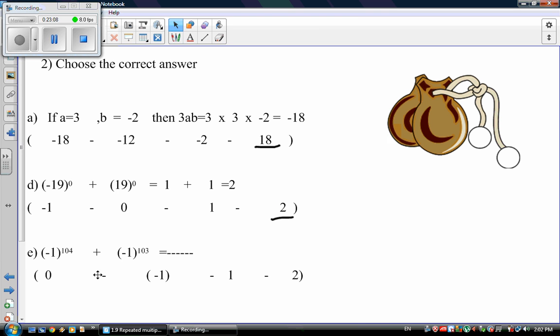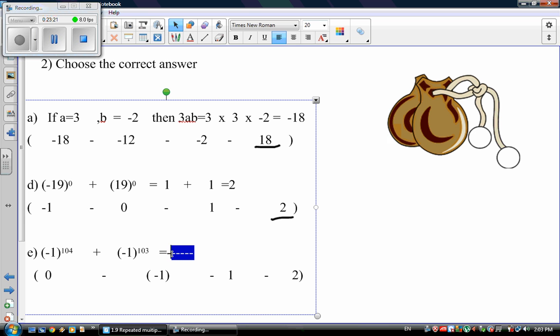The last one. Negative 1 to the power 104. Notice that this base is a negative base and the power is even. So the answer will be, sure, a positive answer. So negative 1 to the power 104 will be 1. Plus the other side, negative 1 to the power 103.